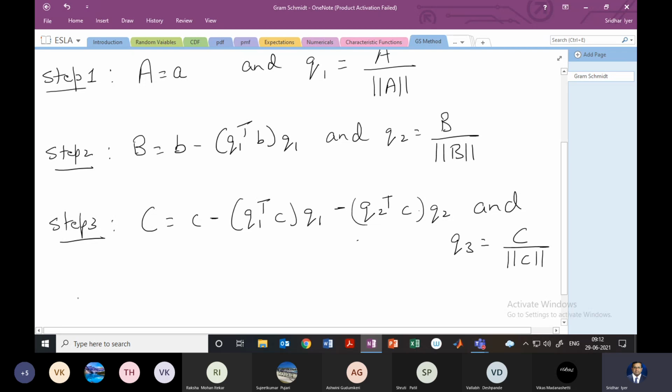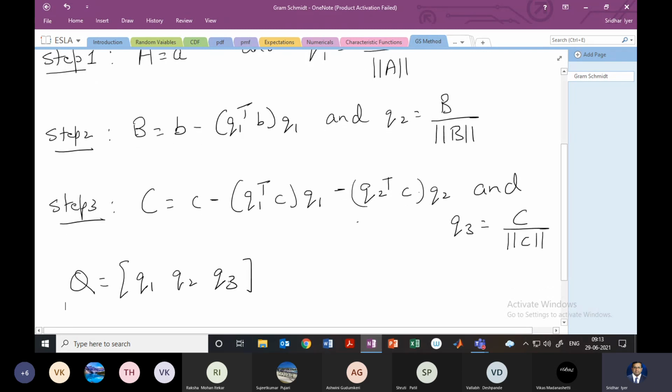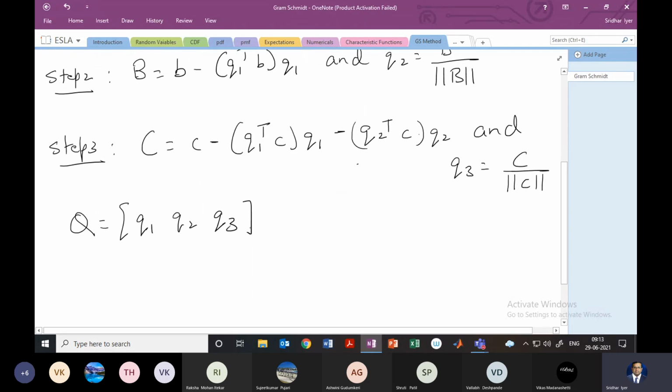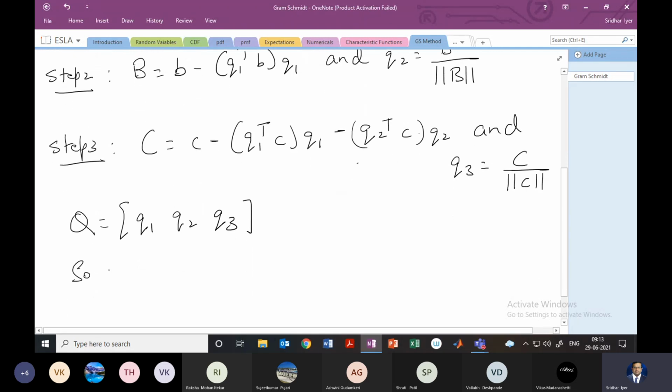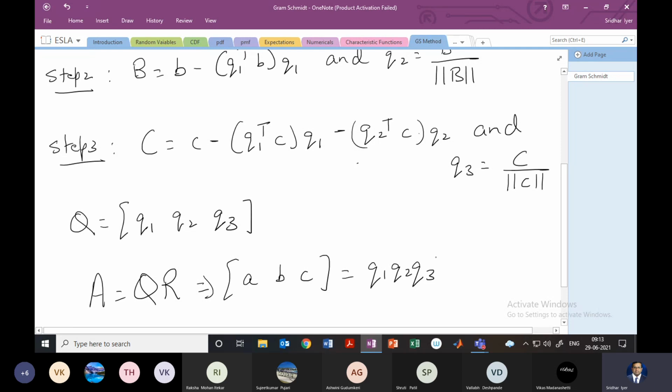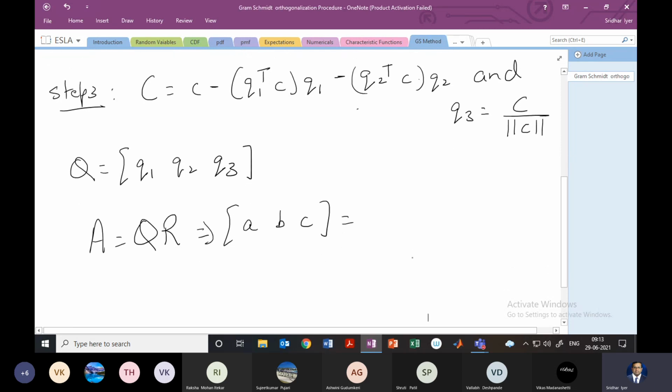And then from here we calculate the matrix Q, which is Q1, Q2, Q3. It could also have Q4, Q5, but like I said, just having 3 is more than enough. I have not seen numericals like that, and we can have this go on so on. And we can also calculate A equal to QR, which will be of the form, with A, B, and C which we have calculated before. Let me write this here because it's a long multiplication.